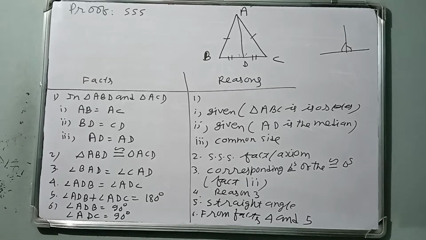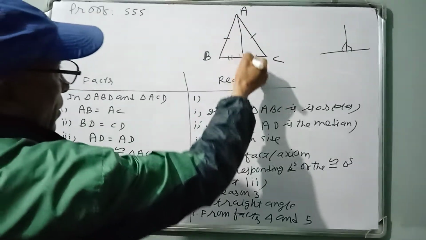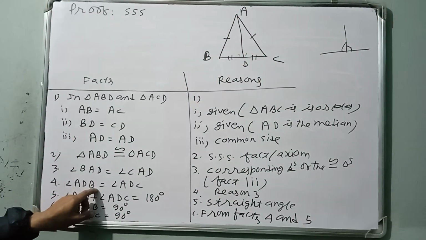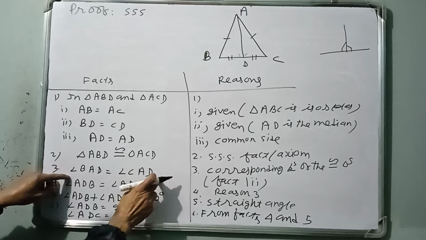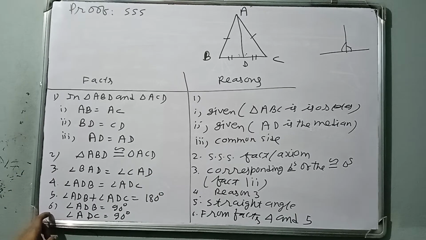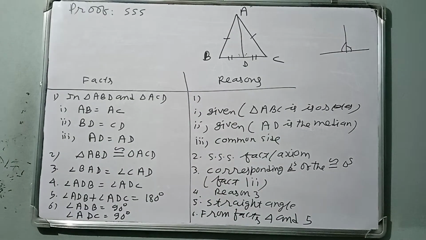Now, in fact 7, you can just combine and write down BAD equals CAD, already proved, and from 6, AD is perpendicular to BC.